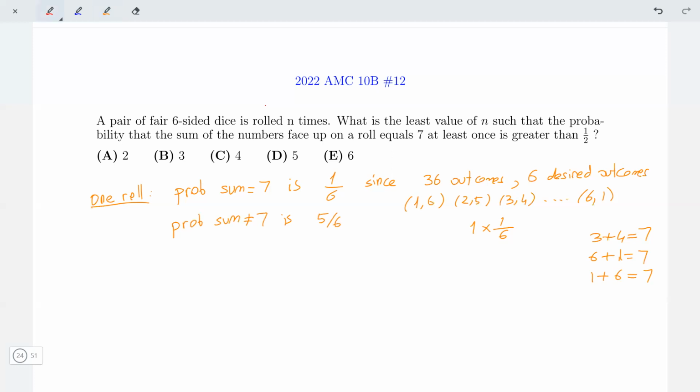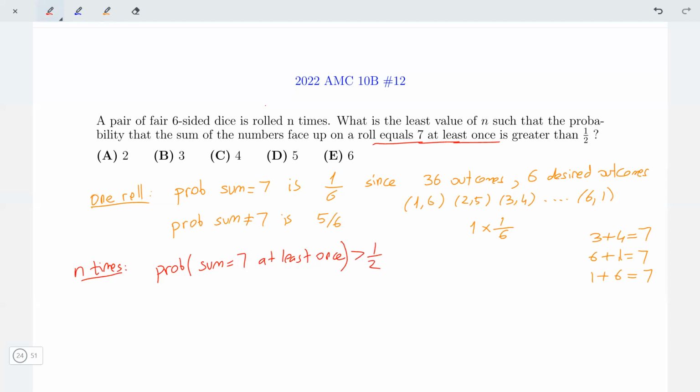Okay, so let's roll the pair n times now. Now what we want is the probability that the sum is equal to 7 at least once. And we want this probability to be greater than 1/2.